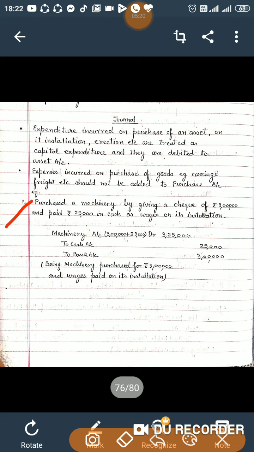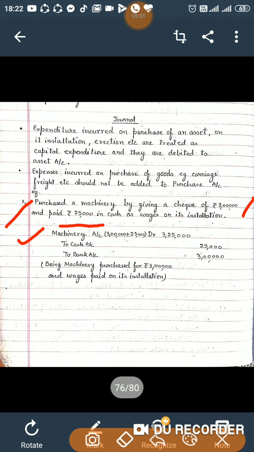In this transaction we are purchasing machinery of rupees 3 lakh and we have paid 25,000 wages for its installation. The 25,000 we have paid on wages for installing the machinery is capitalized, so it should be added to the machinery account. So cost of machinery becomes 3 lakh 25,000.